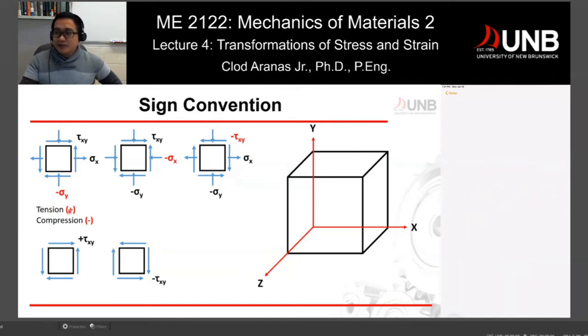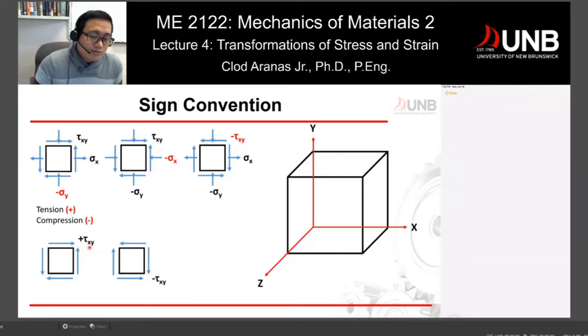We have a tension, which is positive. We can see, for example, the sigma x right here is producing a tension to this square element. That's a positive number. Whenever we have a compression, we have a negative number, which is this sigma y right here. That's compression along x, compression along y. If we have shear stresses, this would be the positive shear direction, and that would be your negative shear.